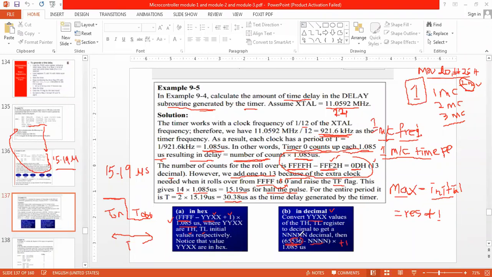The maximum value is 65,535, no? FFFF means 0 to FFFF, which is 65,535. But now I have already included +1, 65,536. So I will not add +1 here in decimal. It is equivalent, same. Either I do it in a decimal number or in a hexadecimal number.